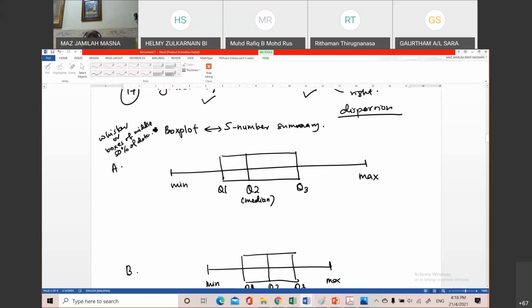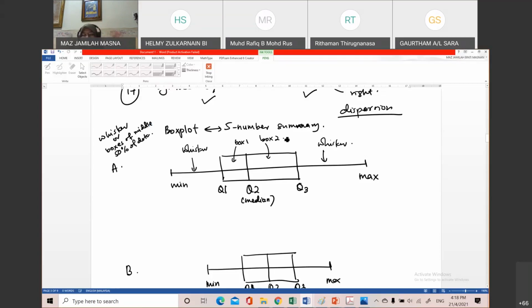This is what we call whiskers. So this is whiskers, this is whiskers, this is your whiskers. Now, this is your box. Box 1. This is box 2.